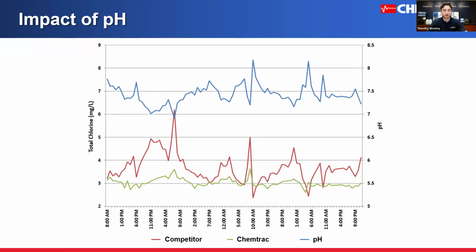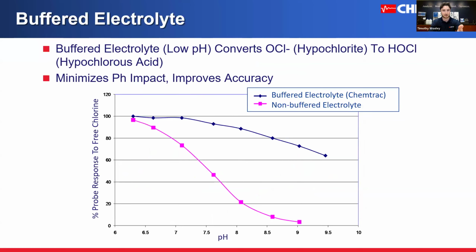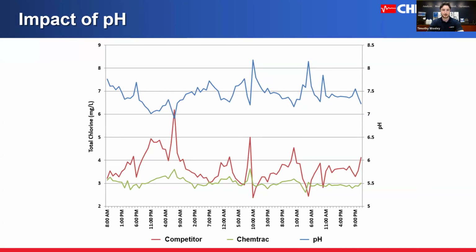And those can be very drastic, just as drastic, if not more so, than the actual change in pH. Now when using a pH buffered chlorine probe, such as Chemtrac, that's demonstrated by the green line right here. You still do have a slight response to the changes in pH. It's nearly impossible to prevent it entirely, although with the pH buffer, it's greatly reduced. And you can see that that is in direct relation to the pH buffered electrolyte that we put in this graph. It resists those changes in pH when it's put into that chlorine probe.